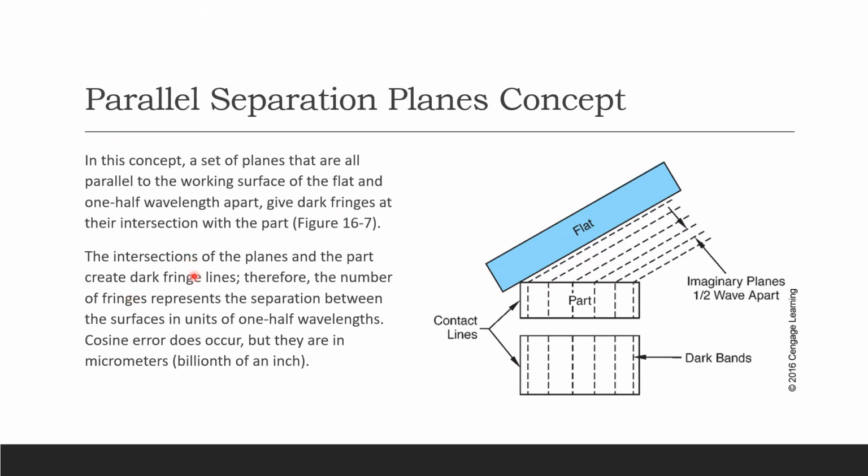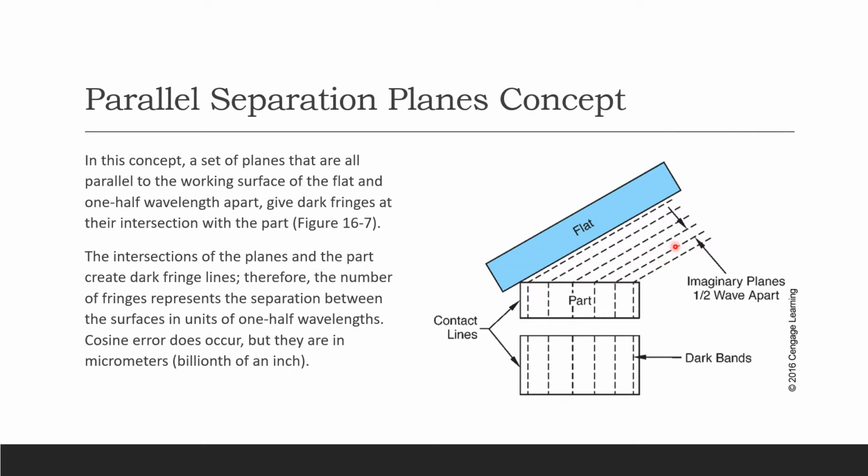So this concept gives us the dark fringe lines, which are so important in our measurement. Therefore, the number of fringes represents the separation between the surfaces in units of 1/2 wavelengths. We can get cosine error, but it's in micrometers, so that's like a billionth of an inch.